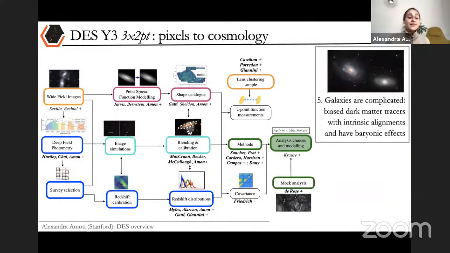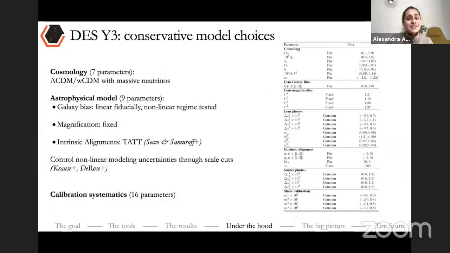Now, of course, the fifth challenge is the modeling. Galaxies are complicated. They're not just the blurry images that we measure, but they have galaxy bias, complex baryonic processes, and they can be intrinsically aligned. So we have to account for all of these different effects in our model. And so what we end up with is a very large parameter space.